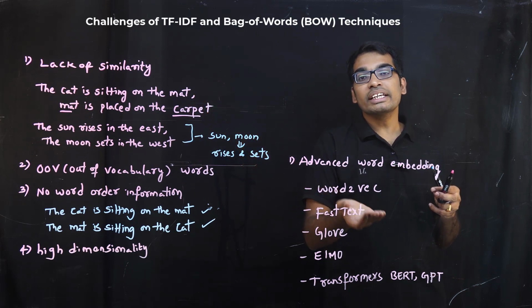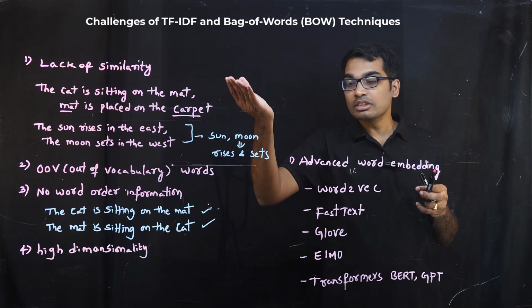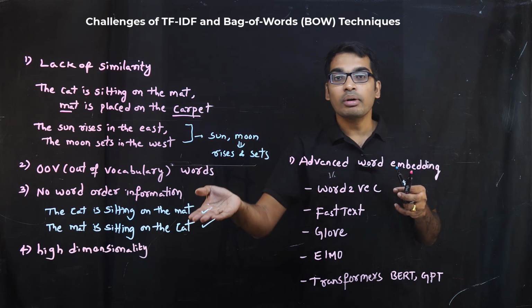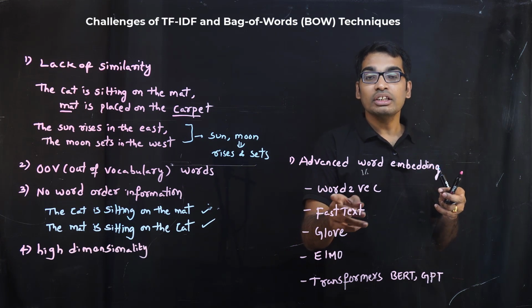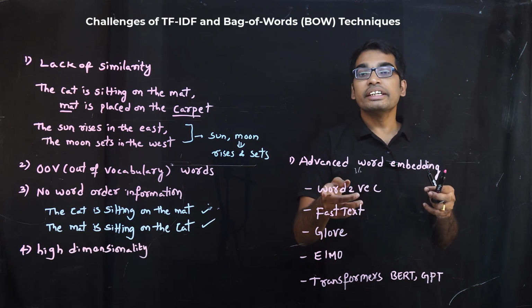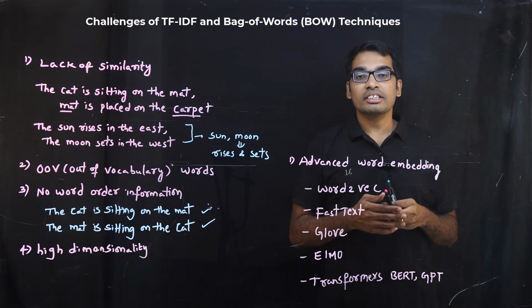So Word2Vec is able to handle, at least to a certain degree, many of these challenges. We will see the Word2Vec representation in detail in the next class. Thank you so much.